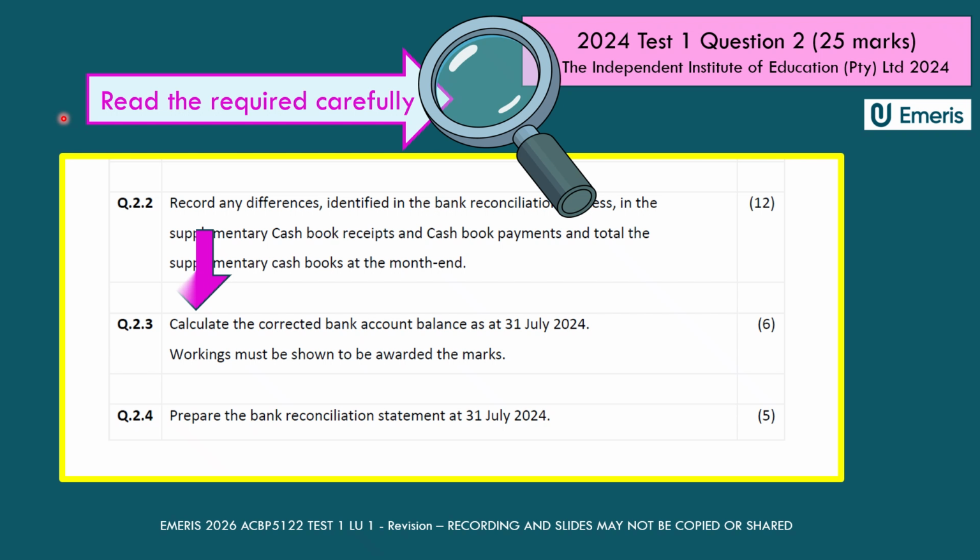Make sure that you are reading what is really required, because you can see here in the 2024 test, they mix things up a little bit and they ask students to calculate the bank account balance. So not to do the bank account in the general ledger, but to actually make a calculation.